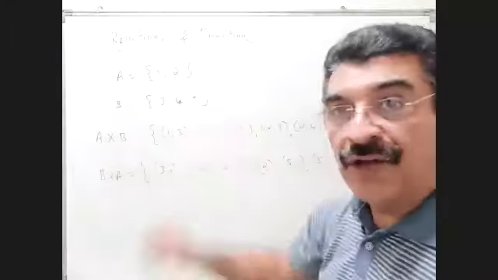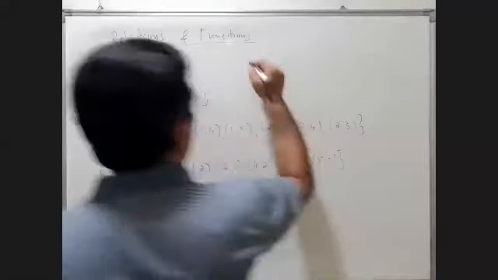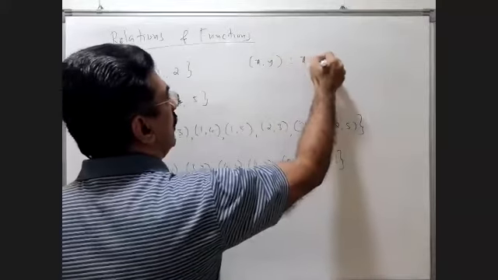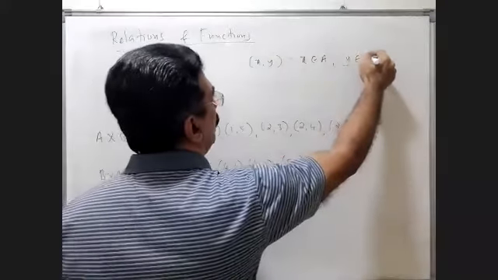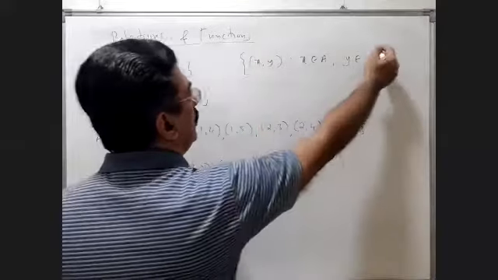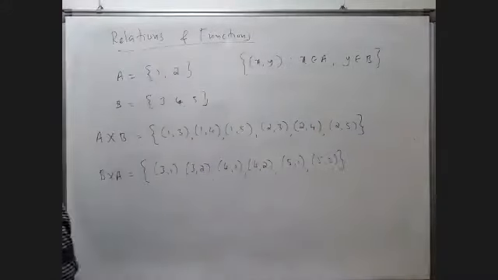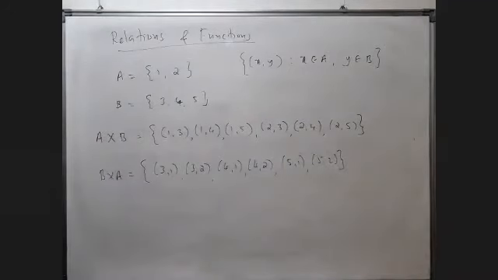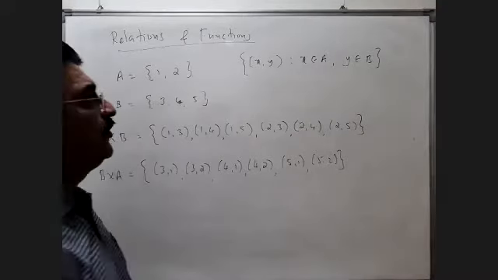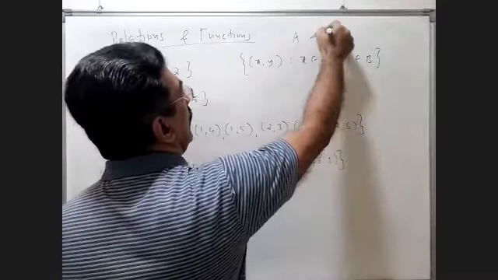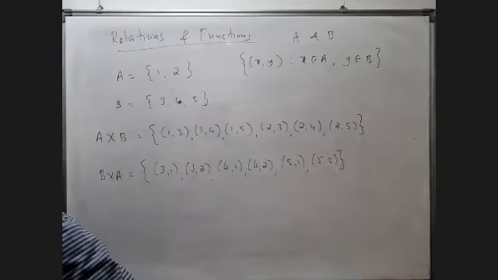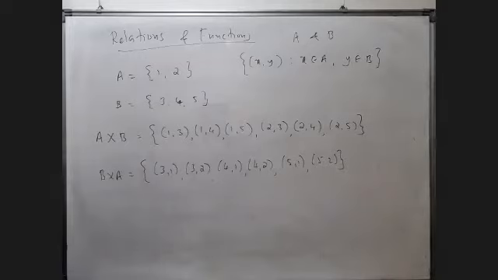So the definition of A cross B is that we take the set of all ordered pairs (x, y) such that x belongs to A and y belongs to B. This is the definition, so write the definition first.